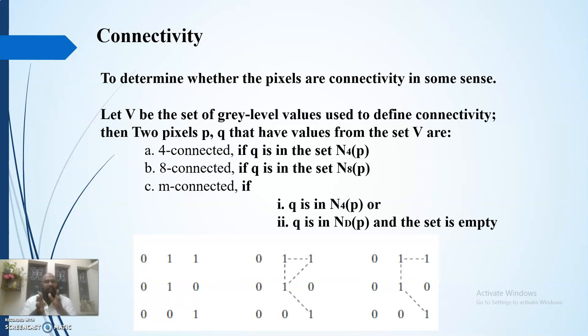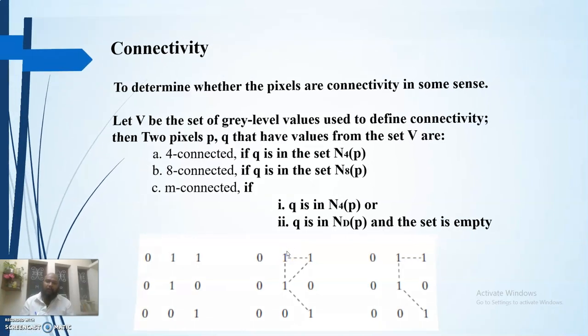In that sense, we say it is interconnected with our test pixel, since they have a common sense of relationship. Based on that, we have 4 connected, 8 connected, M connected, that is mixed connected. That is based on what type of neighboring it is associated with.